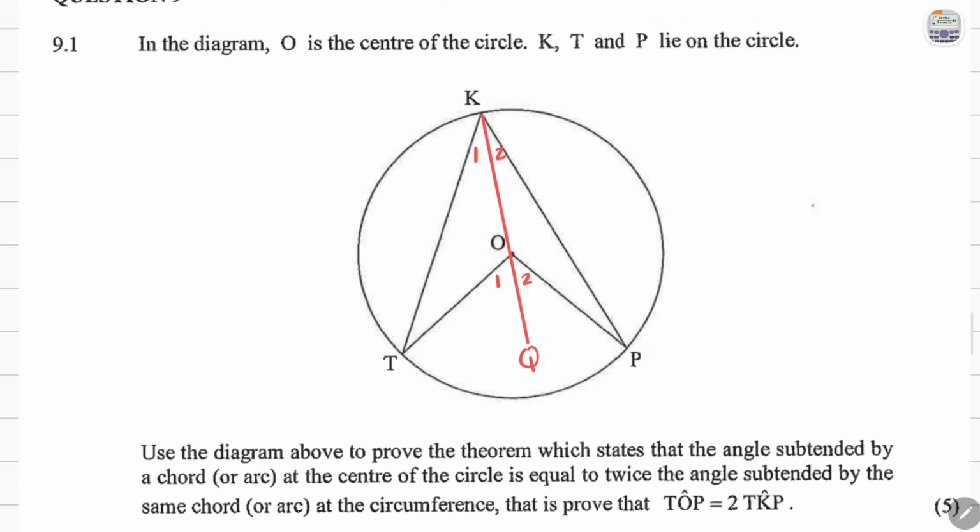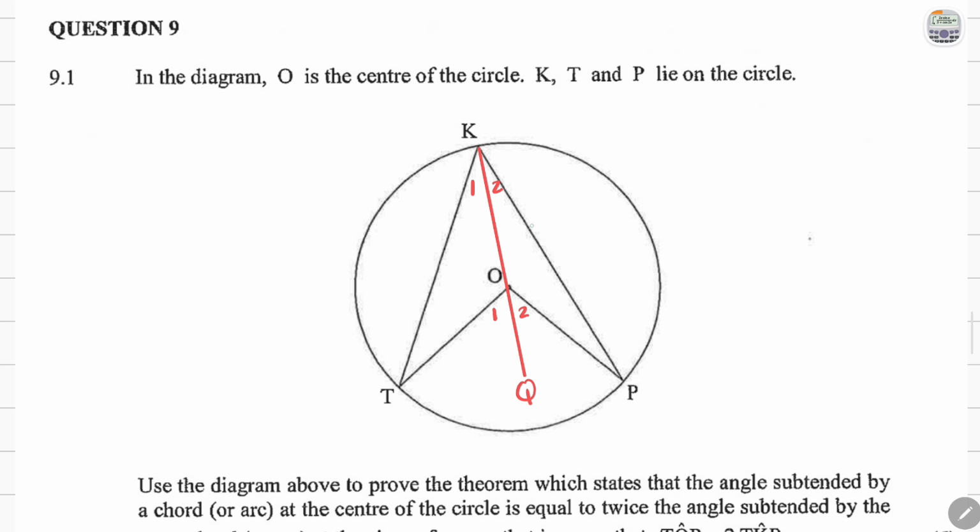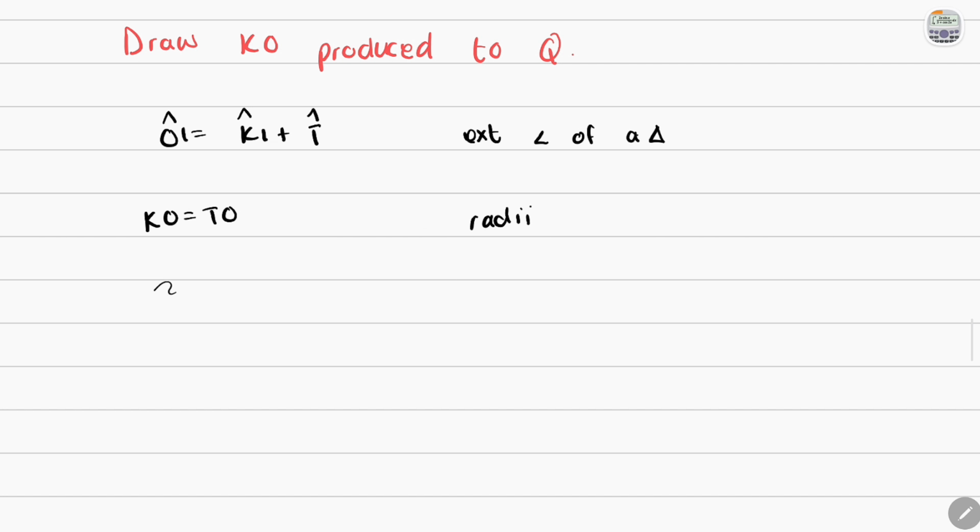Now look at what we can do with that. If these are equal in length, then the angles opposite their equal sides are also equal because we have an isosceles triangle here. So angle T and angle K1 are equal. Tell them that angle K1 is equal to angle T because we have angles opposite equal sides.